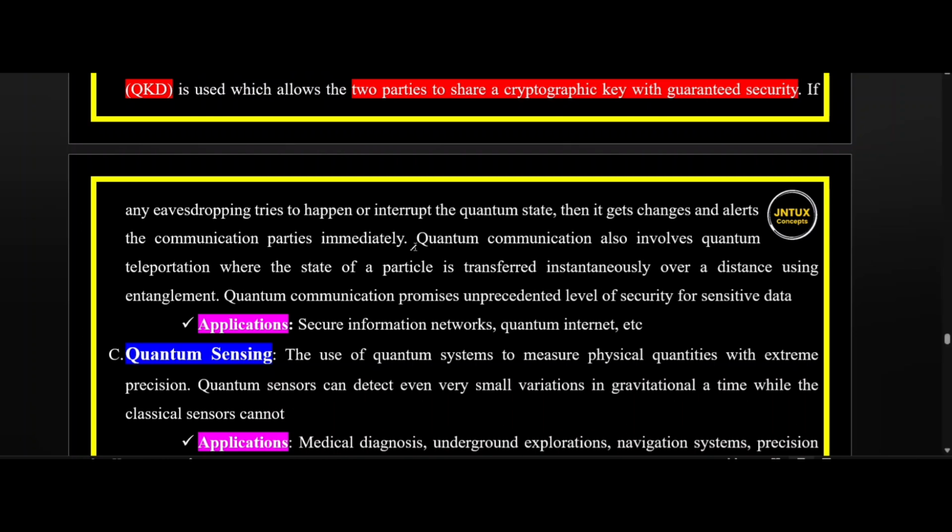Quantum communication also involves quantum teleportation, where the state of a particle is transferred instantaneously over a distance using entanglement. Quantum communication promises an unprecedented level of security for sensitive data. So it is far more secure and reliable than the usual communication that happens between classical computers. The applications for quantum communication are secure information networks, quantum internet, etc.